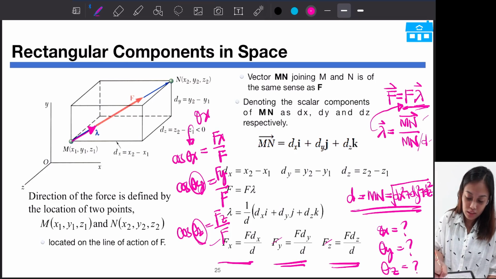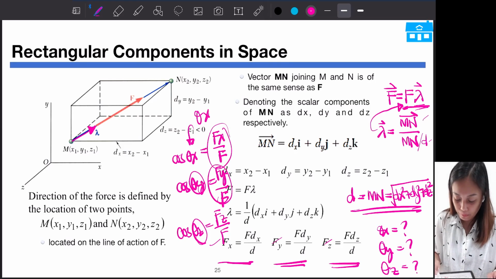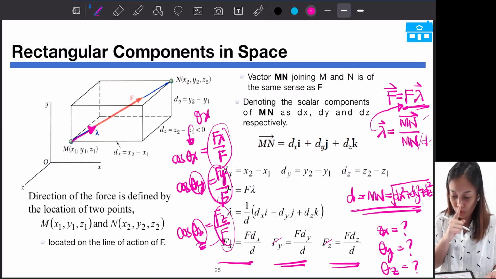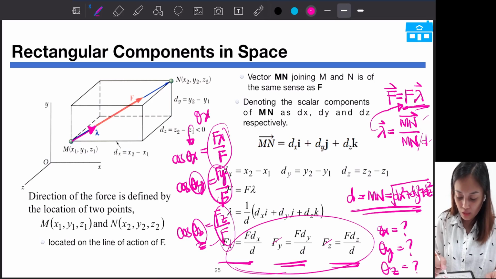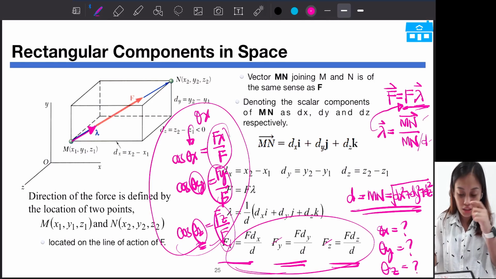So, theta x is arc cosine Fx over F. Theta y is arc cosine Fy over F. Then, theta z is arc cosine Fz over F. So, now we have the values of the rectangular components of the force as well as its direction in space.